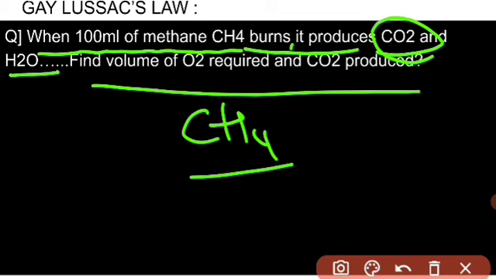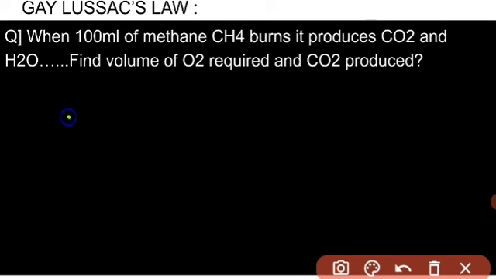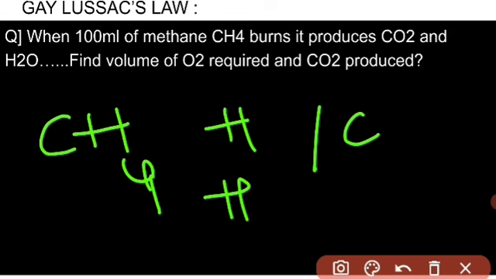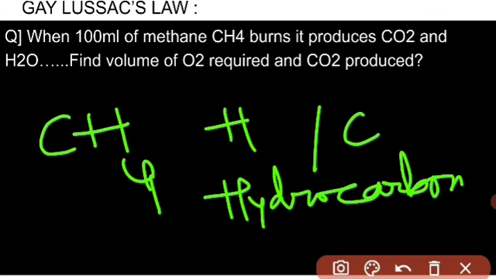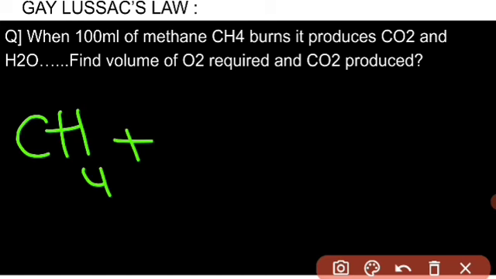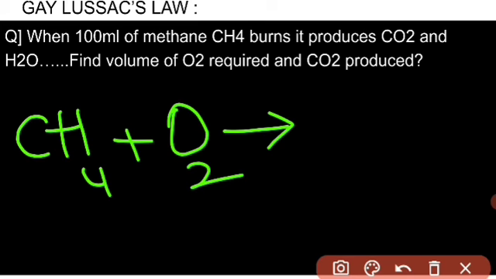You should know this funda: CH4 is a hydrocarbon. Why? Because there are only two elements, hydrogen and carbon, so it is called a hydrocarbon. You should know this, right? So we know that whenever a hydrocarbon burns with oxygen, that is combustion, the reactants are CH4 and oxygen.